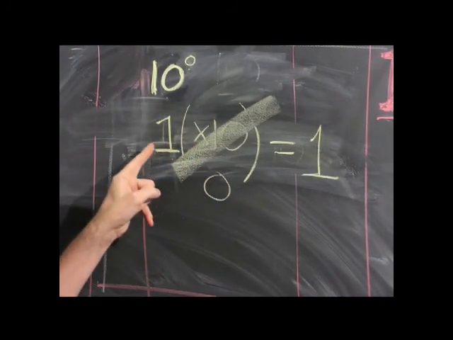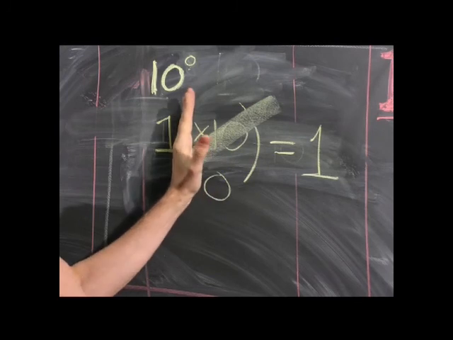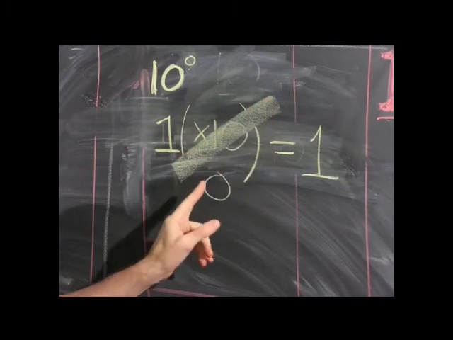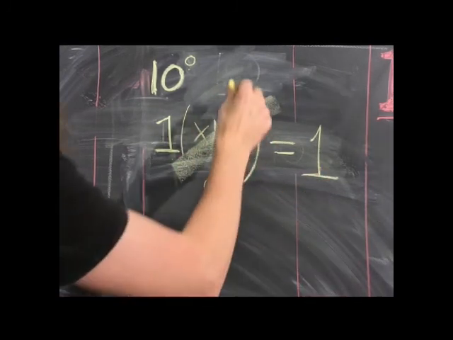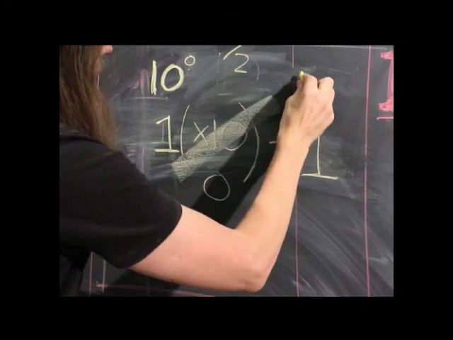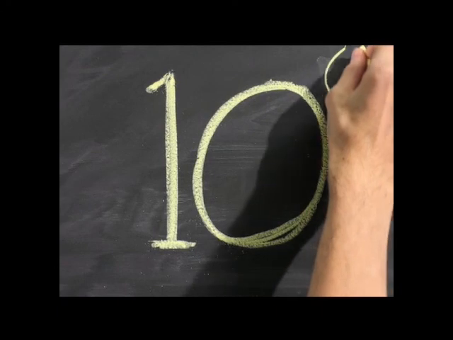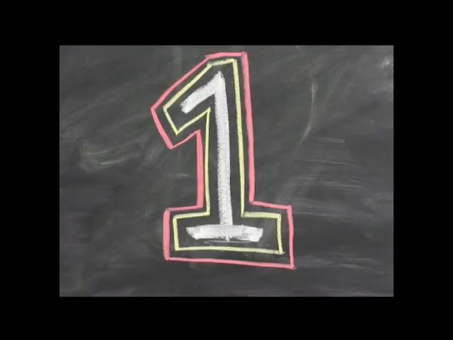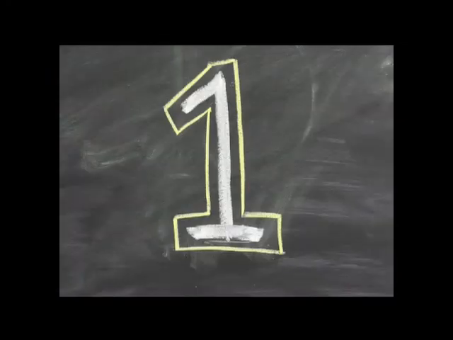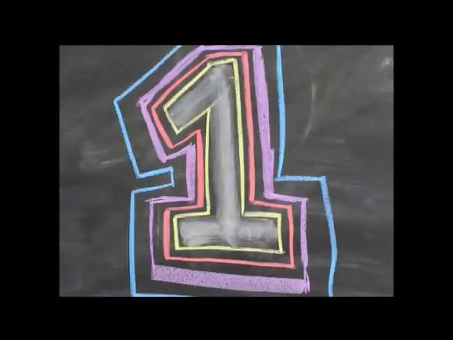We're saying 1 is multiplied by 10 0 times. This whole operation happens 0 times. The answer is 1. Any number at all raised to the power of 0 equals 1. Pyramid power.